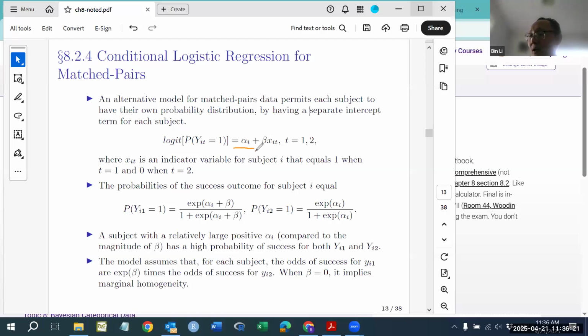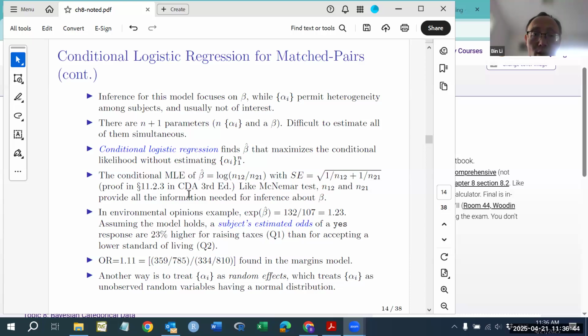Why don't we estimate alpha? Because these are random effects. We do not really care about that. That changes for each individual. But we really care about the beta to see if there's a difference of the proportions for these two questions, right? So we can use the conditional logistic regression for the matched pairs.